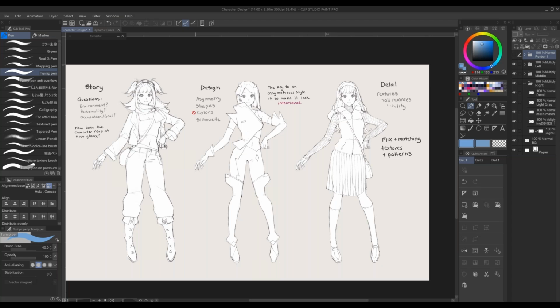So maybe simplicity is one of the biggest aspects that you want to consider for this character. Are they readable from very far away? Are they clear and distinct even when they're simplified? Oftentimes, webtoons or manga use chibified characters as well. So you have to know how to simplify them even more than they already are.